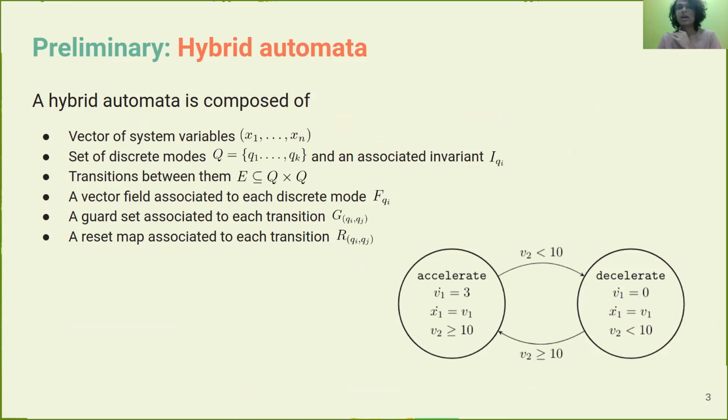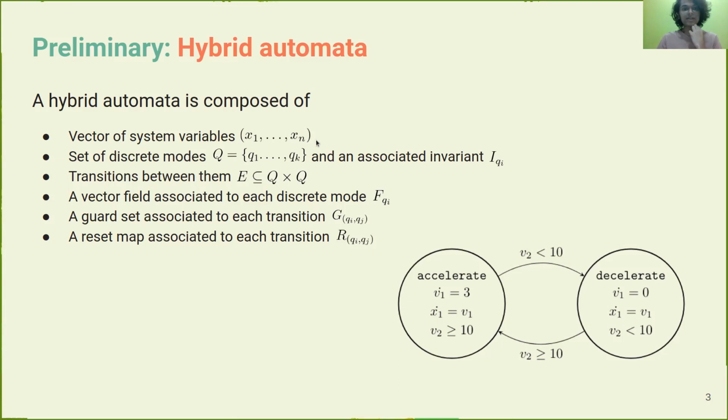So a hybrid automaton is a model for a system, and it can be very useful to model systems which are specifically controlled by software, for example, robots or other embedded systems. And hybrid automata allow us to capture both discrete time behavior and continuous time behavior.